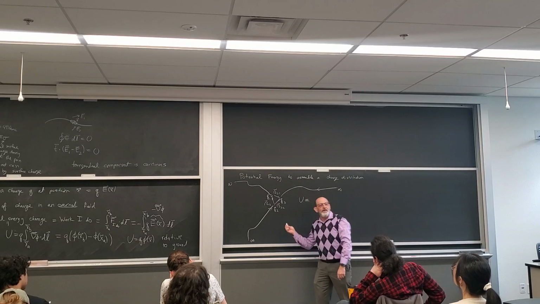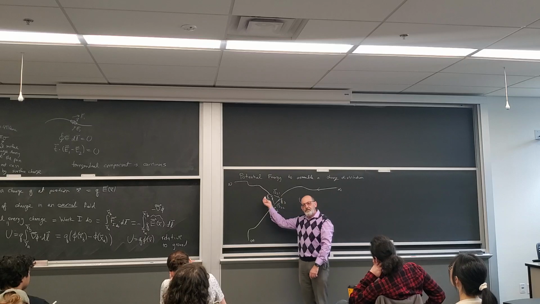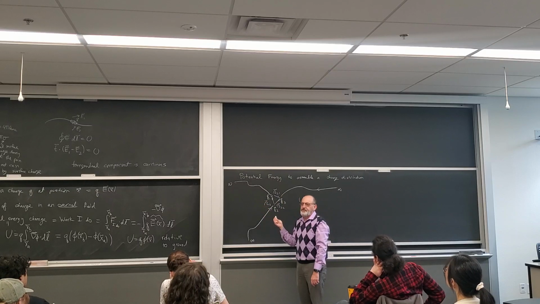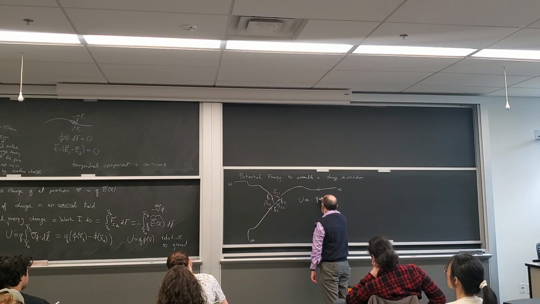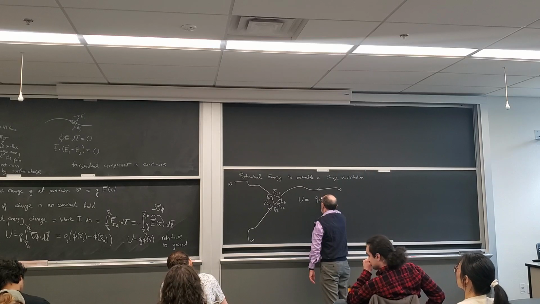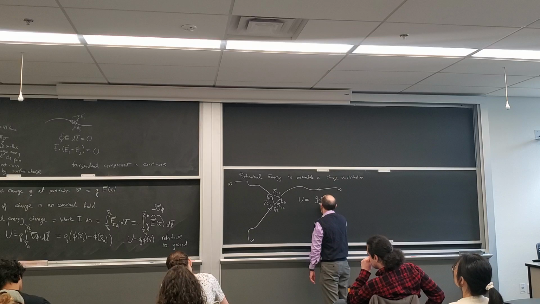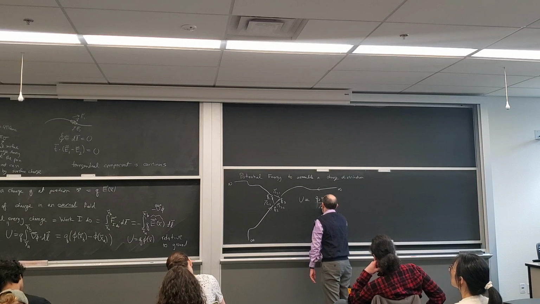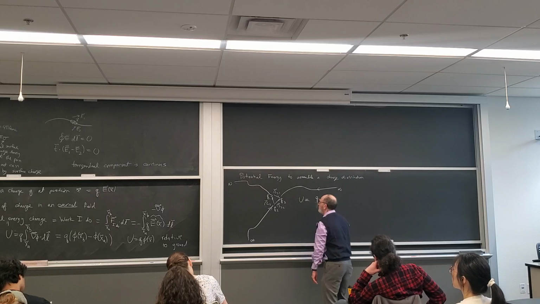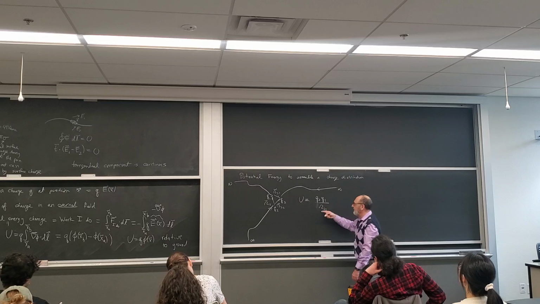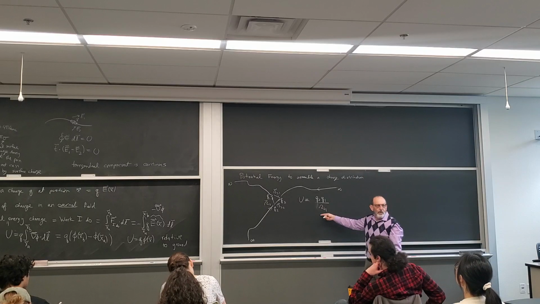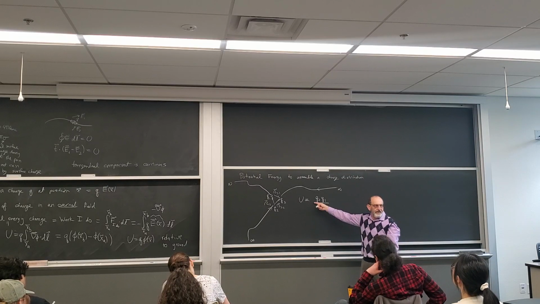And charge 2 has to work against the field of charge 1. And so the potential energy from that would be the charge 2 and the field of charge 1, and that gives me the potential energy that is this, right? That's what we just said, because this is the potential due to charge 1 at position 2.